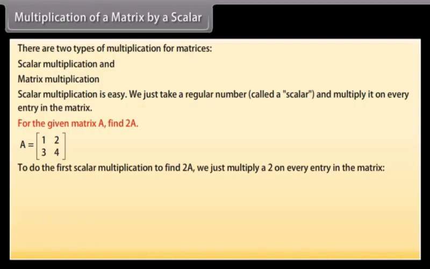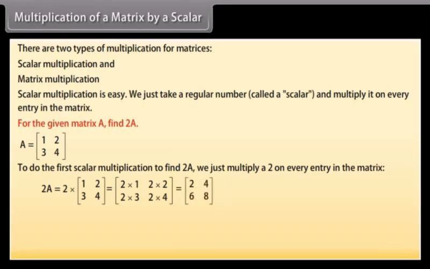To do the first scalar multiplication to find 2A, we just multiply a 2 on every entry in the matrix. 2A is equal to 2 into matrix row-wise, first row 1, 2, second row 3, 4, is equal to matrix row-wise, first row 2 into 1, 2 into 2, second row 2 into 3, 2 into 4, is equal to matrix row-wise, first row 2, 4, second row 6, 8.